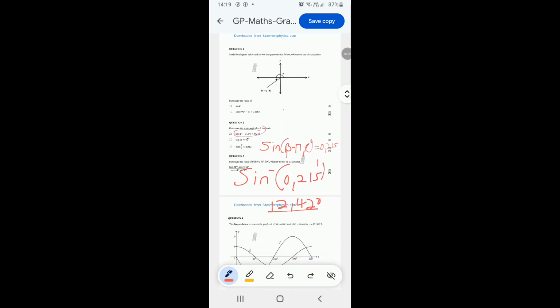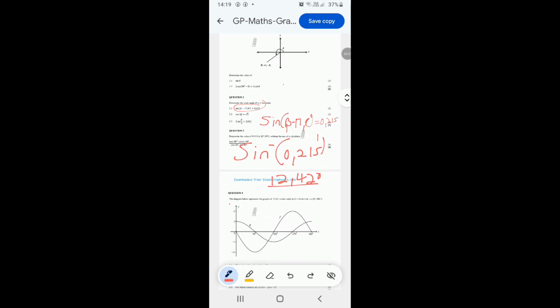Now we're not done. Then b minus 17,8 degrees equals 12,42 degrees. So this one goes to this side and becomes a plus 17,8. Now b is 30, maybe. You use your calculator.